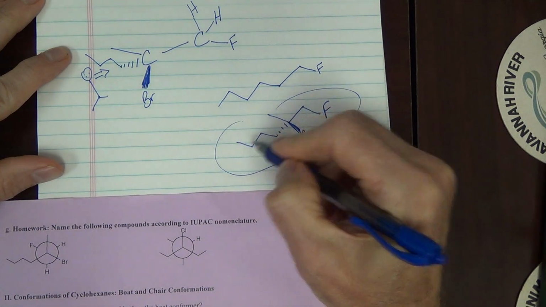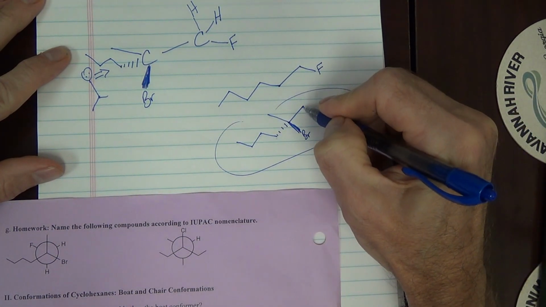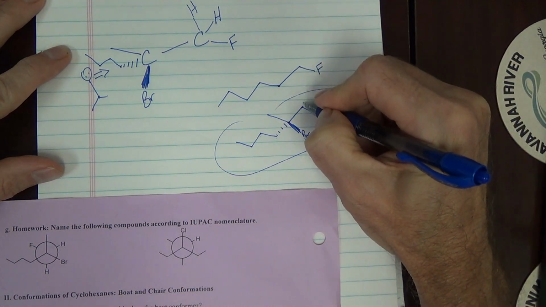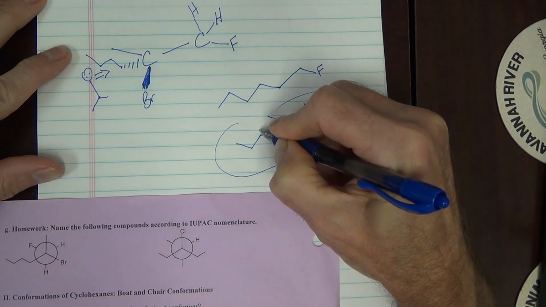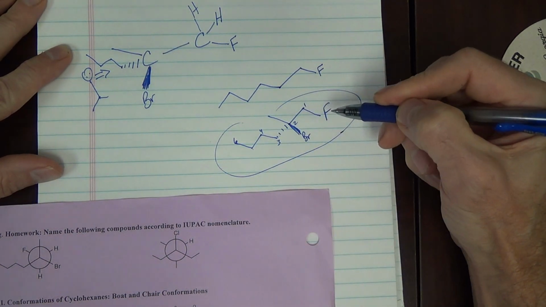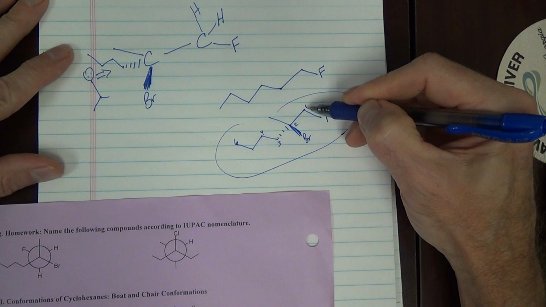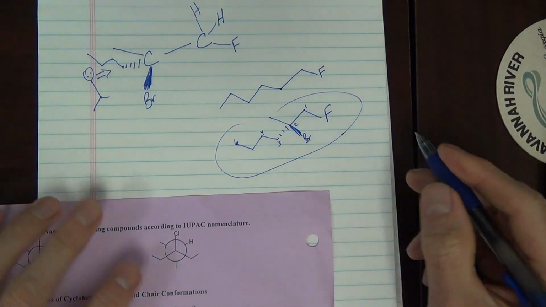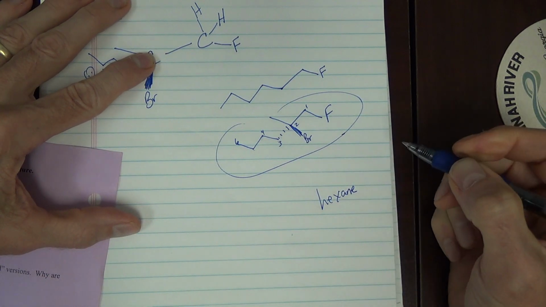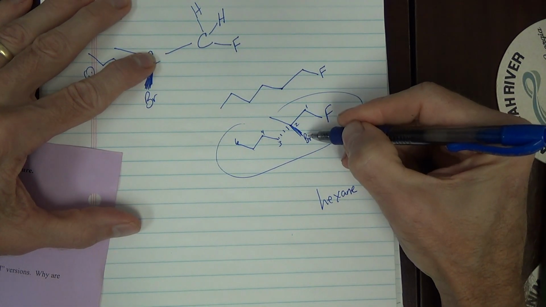That would be, this carbon would be included. In terms of numbering, this is going to be 1, 2, 3, 4, 5, and 6, because in this way we have a substituent at the 1 position. Alright, we have a hexane. What is on the hexane? A fluoro, a bromo, and a methyl.